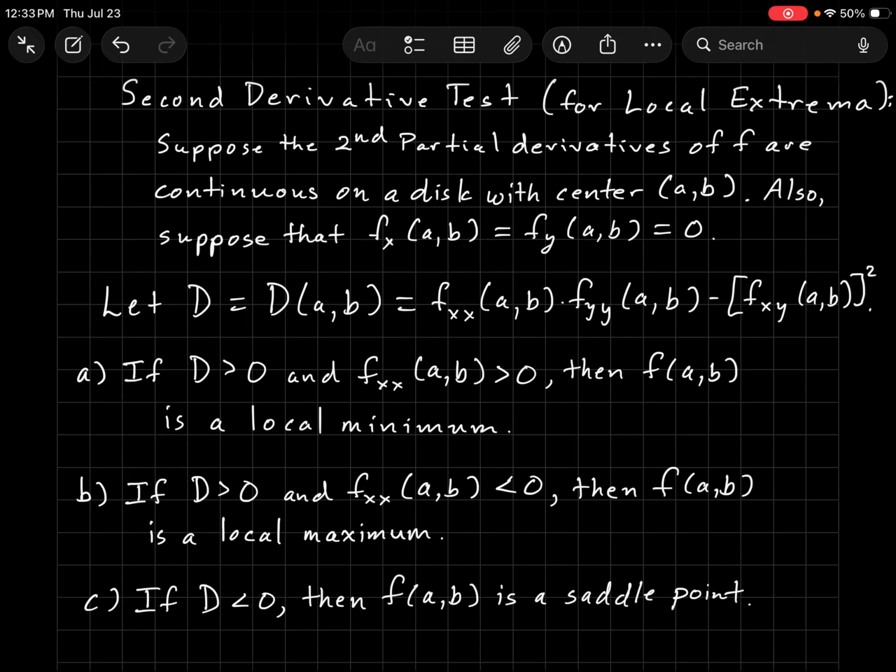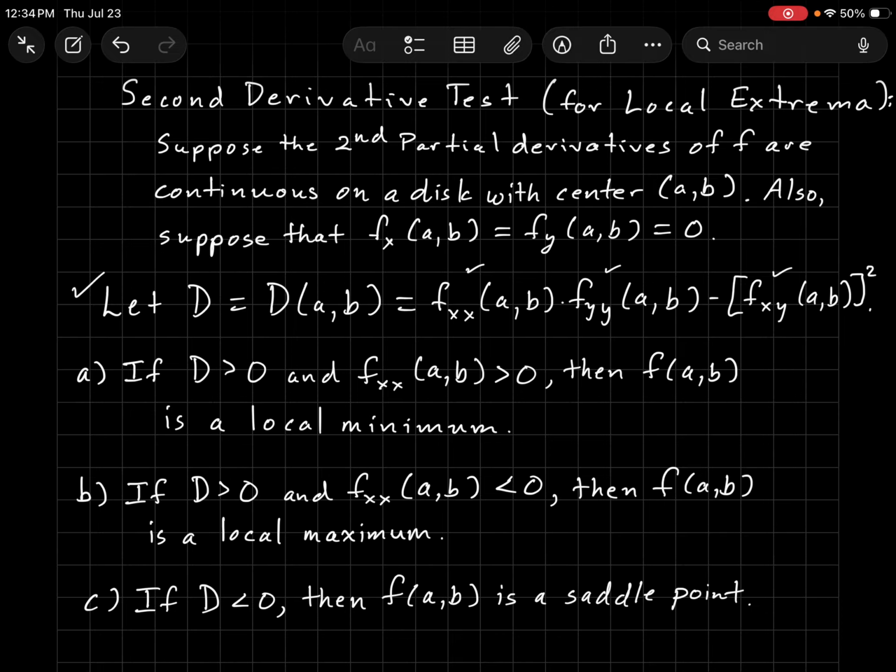We're going to find a value big D, which is D at (a, b). And it's going to be defined as the second partial f_xx times the second partial f_yy minus f_xy squared.